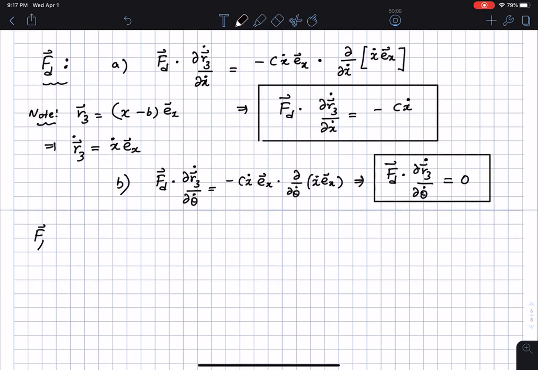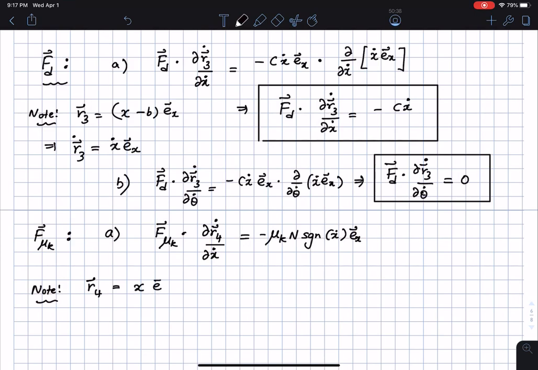So F mu k. Once again, the basic idea is the same. F mu k dotted with dr4 dot by dx dot is minus mu k times n times sign of the velocity vector in the ex direction. And then a note quickly, r4 was the following. It was x ex minus h ey, which means that r4 dot is x dot ex.